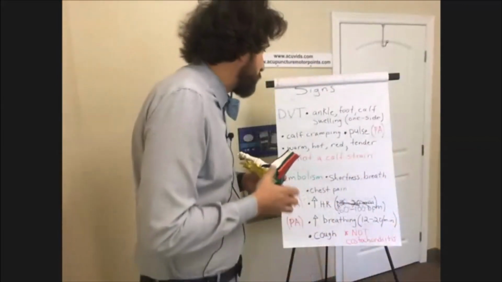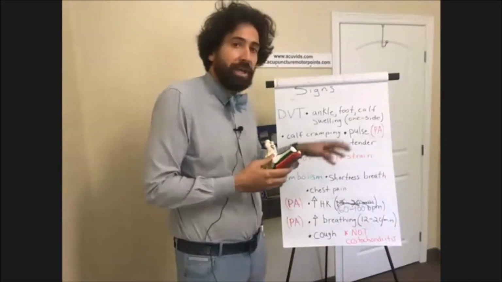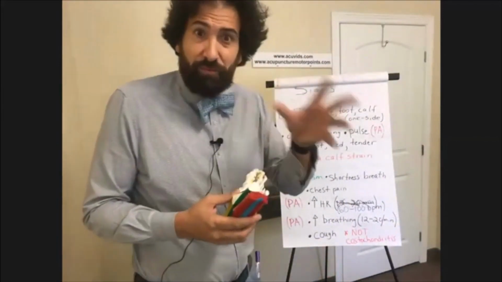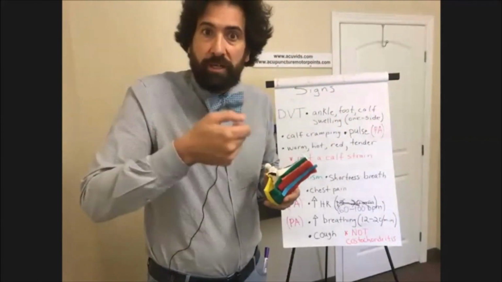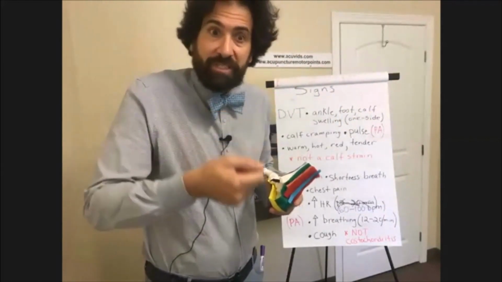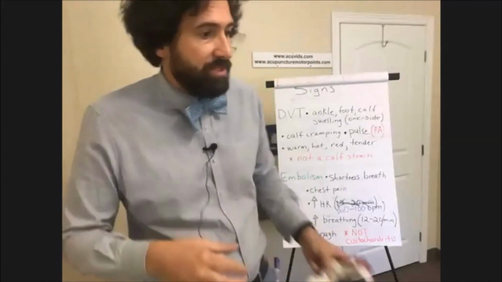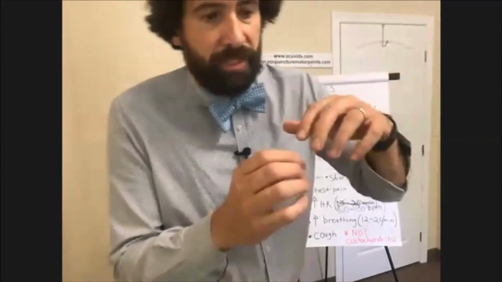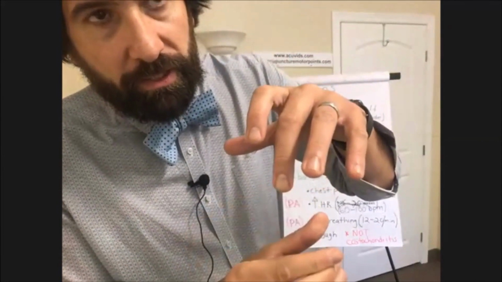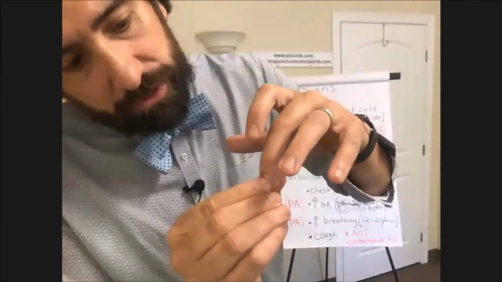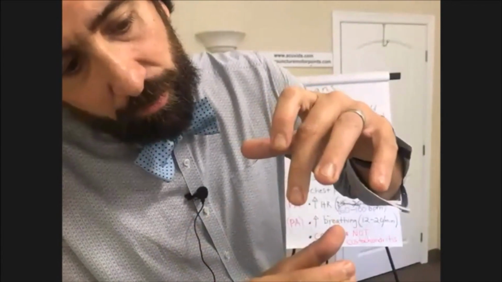So as well, in a blood clot, you can even look at the foot itself or the nail beds and see what the perfusion, the capillary refill is in the nail beds themselves. So what that entails, and this is my nails, is you press the nail and you release. You press and see how it's white, and does the blood come back right away?